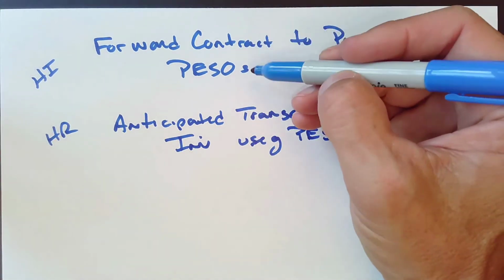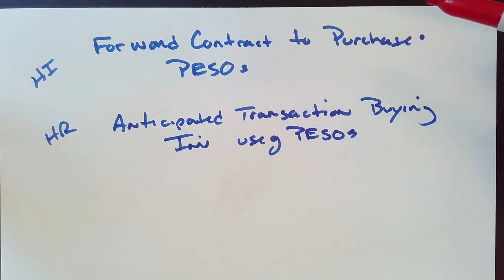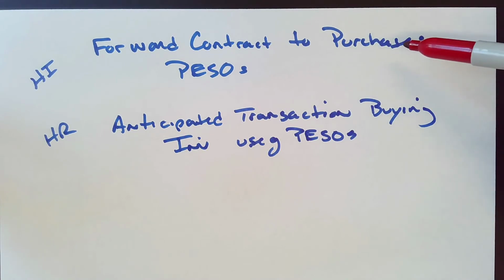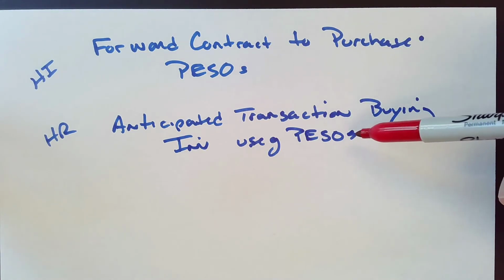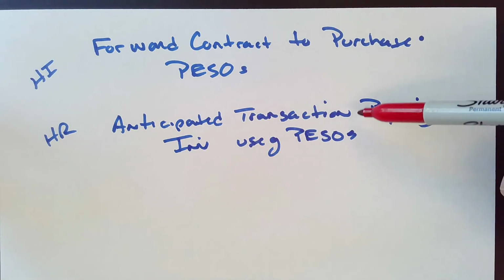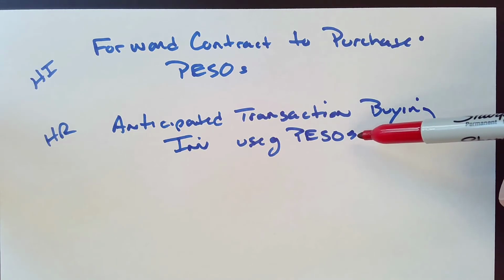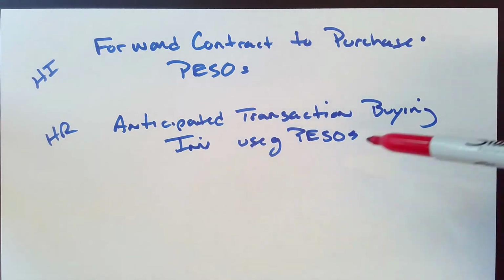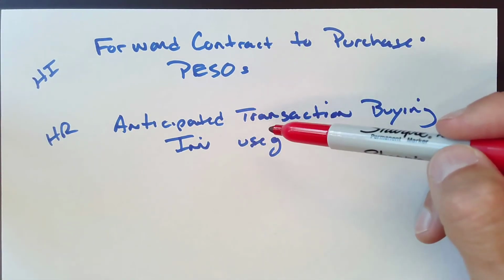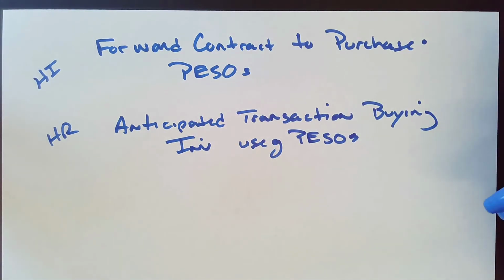So again, if the notional amount of the forward contract is the same as the amount of pesos that I'm thinking about buying this for, I should be fine. Right? It should be effective. So this is probably an effective relationship, and I just need to document all of that.